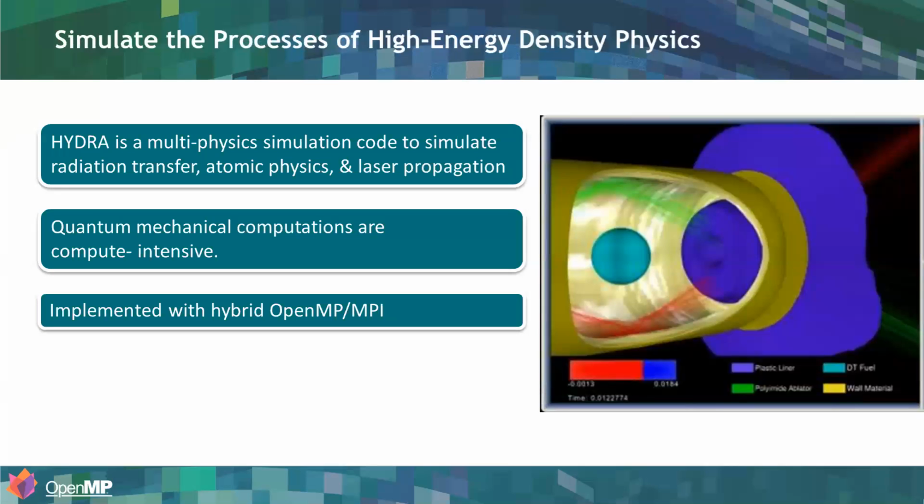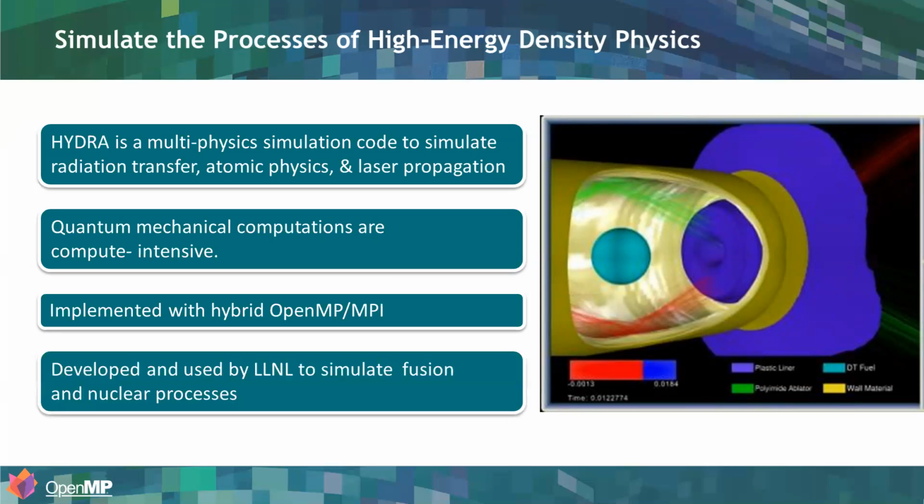This is where OpenMP is used to parallelize on the node, and MPI is used for the data communications between the nodes. Hydra has been developed and is used by Lawrence Livermore Lab to simulate fusion and nuclear processes. They have a National Ignition Facility where they also do the experimental work, coupled with the simulation work.